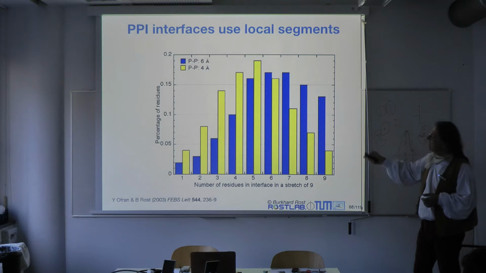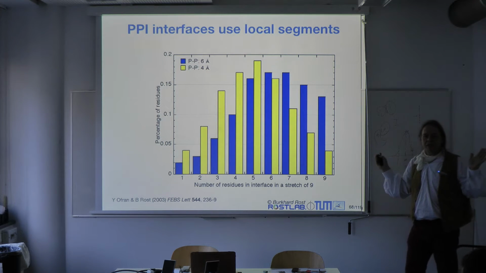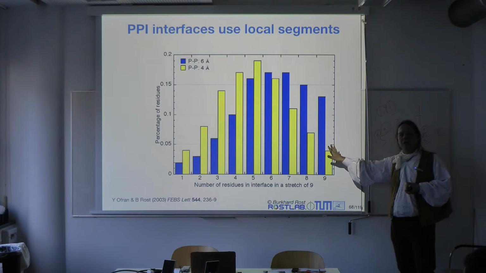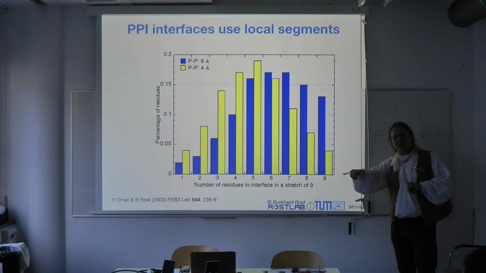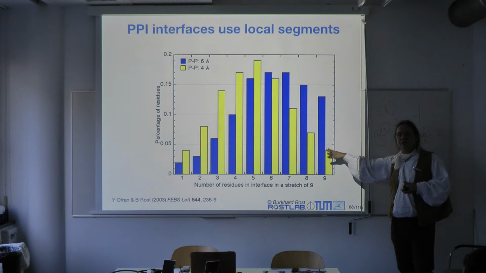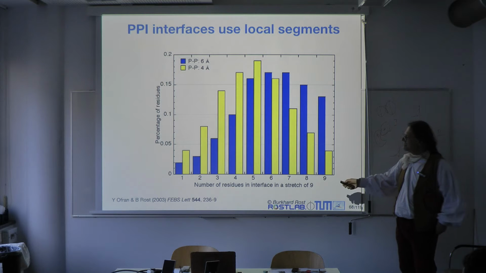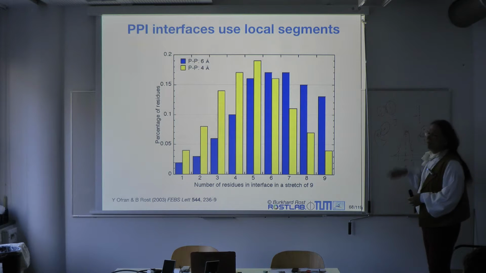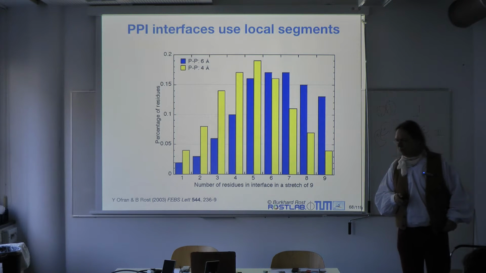The yellow, we may say, has an average around 5, the blue around 6 or 7. Both are moved such that a significant fraction of the window, 9 consecutive residues, sees the interaction. Right? There are exceptions, but we have in fact a significant type of model 1.